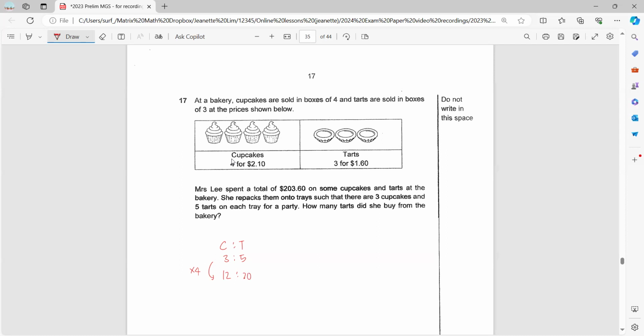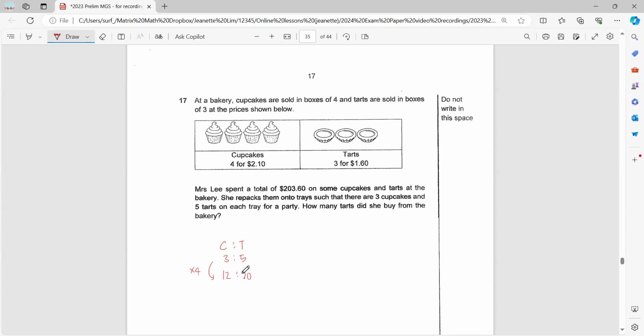For the tarts, on the other hand, it has to be a multiple of 5 initially, as well as 3. But this 5 can't remain as a 5 because of the cupcakes. So this 5 has to be changed to a 20. So now the tarts must be a multiple of 20, and also a multiple of 3.